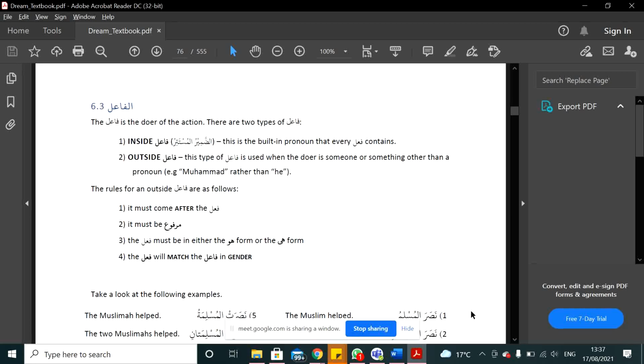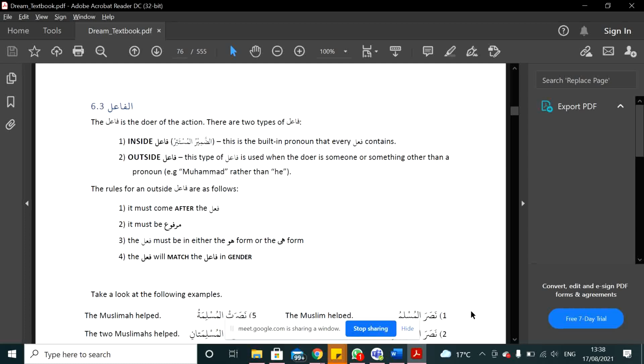A person, a proper noun, a name, or a consequence can be the doer. So when we have a doer which is not a pronoun, we call it an outside fa'il, because the corresponding pronoun is always present inside the fi'l, but we have something else coming after that fi'l and pronoun combination, and that tells us this is an outside fa'il.